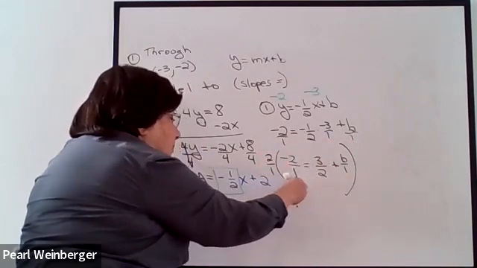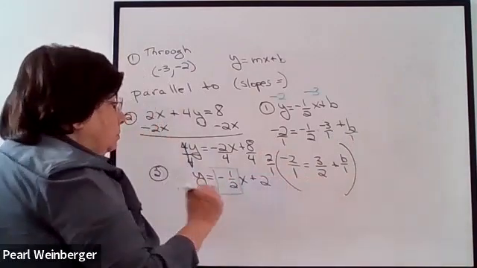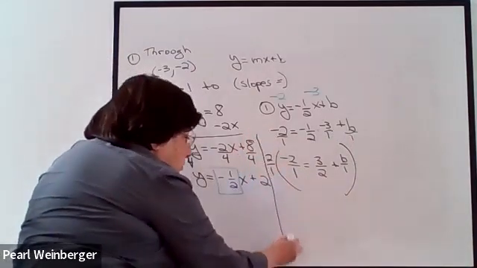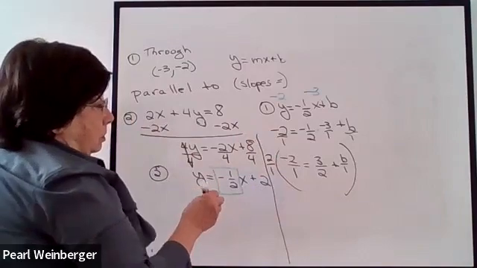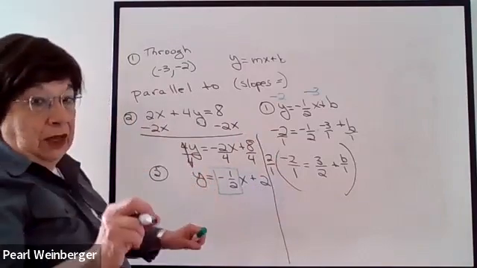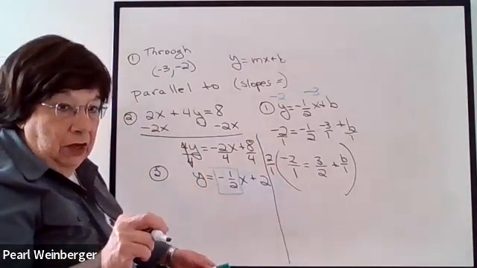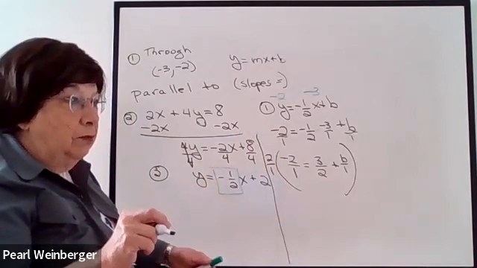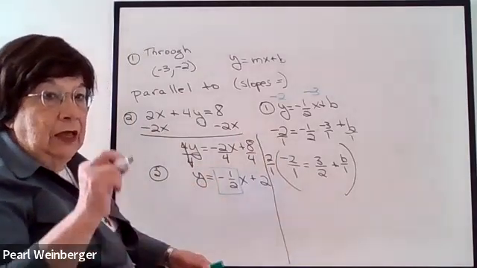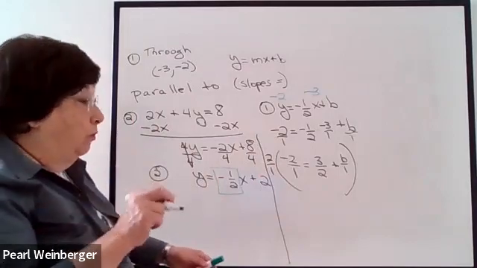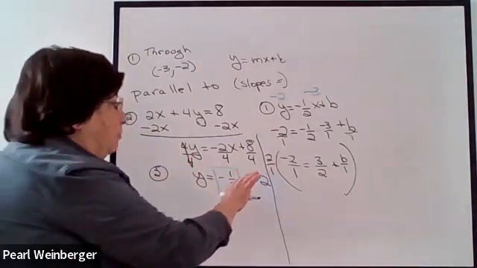My common denominator is 1 times 2, which is 2. Remember, when we want to get rid of fractions in an equation, we can multiply by the common denominator. It'll get rid of all our fractions.